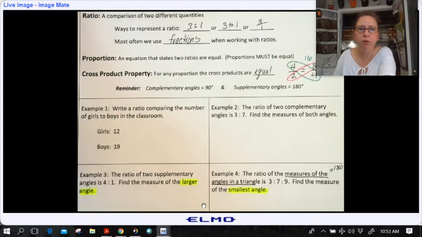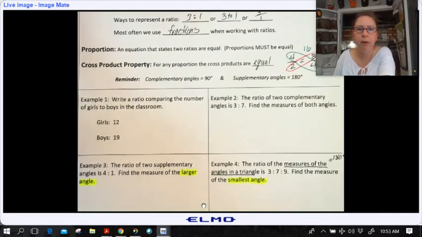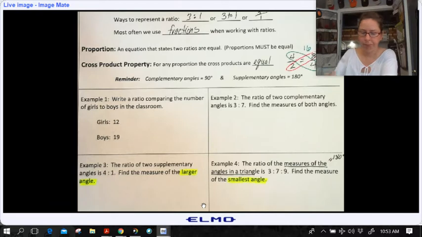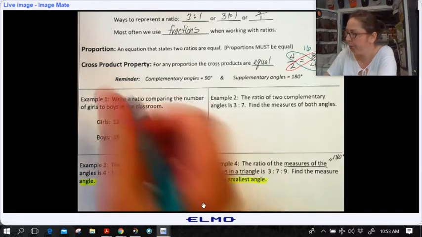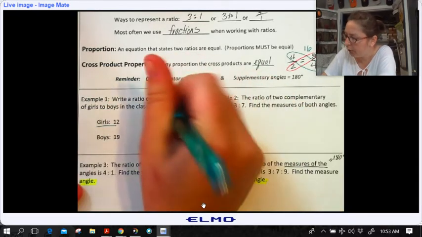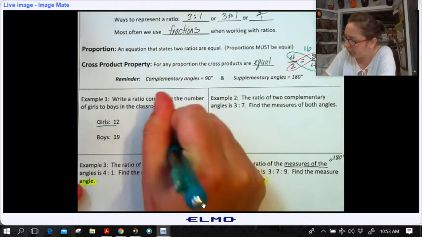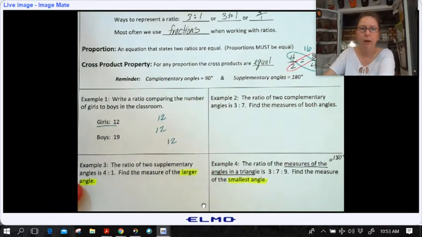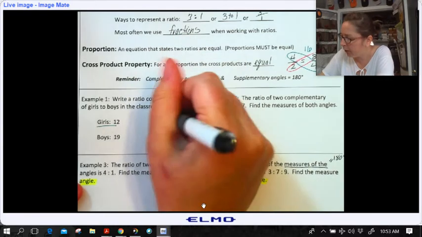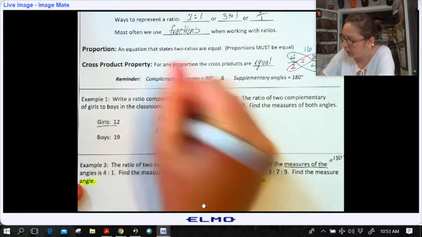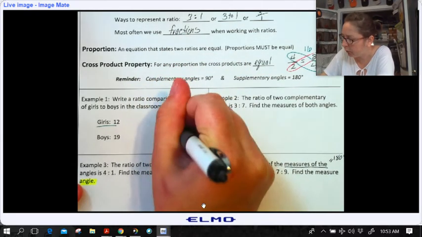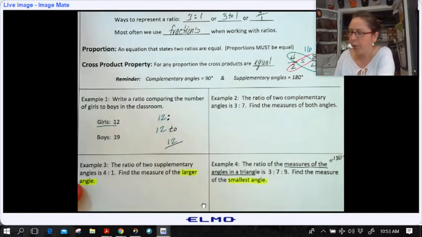So let's go ahead and just jump right in with our examples, all right? Example 1, write a ratio comparing the number of girls to the number of boys in a classroom. So there are 12 girls. Okay, and then the different ways that we can compare girls to boys is with those two dots, with the word "to," or with a fraction.